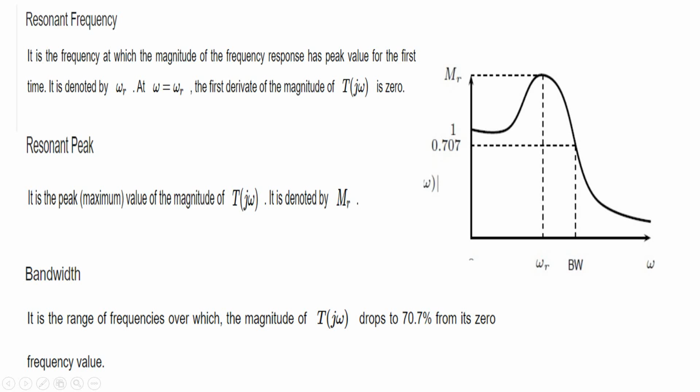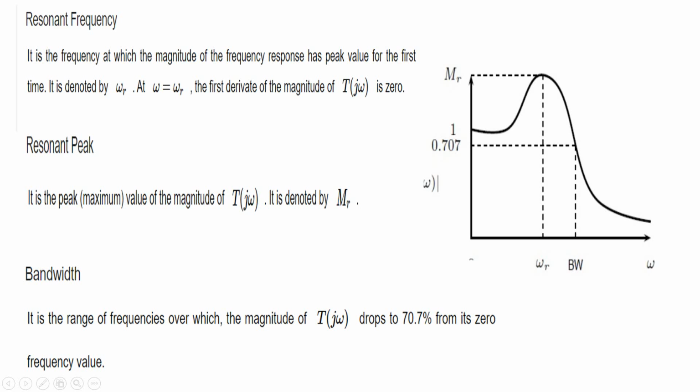The threshold value up to which the frequency can increase the magnitude is what we call the resonant frequency. So the resonant frequency is where we get the maximum of the magnitude of the frequency response, and this amplitude value is what we call the resonant peak MR.